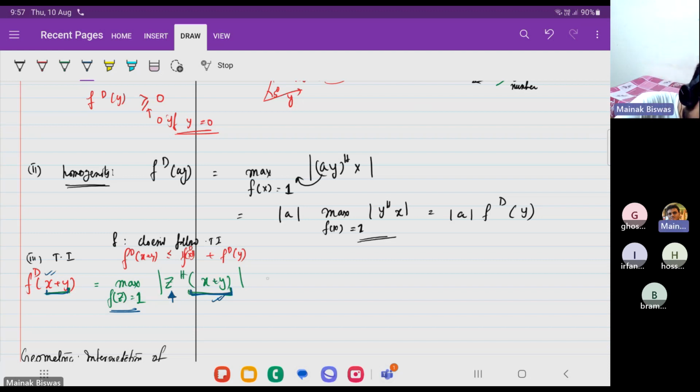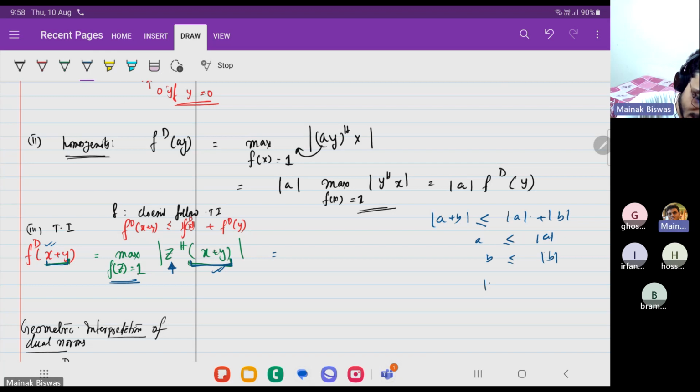Okay. So what will it be? Do you agree that the modulus of a plus b is less than or equal to mod a plus mod b for numbers? Yes or no? Because a is less than or equal to mod a. Similarly, b is less than or equal to mod b, right?